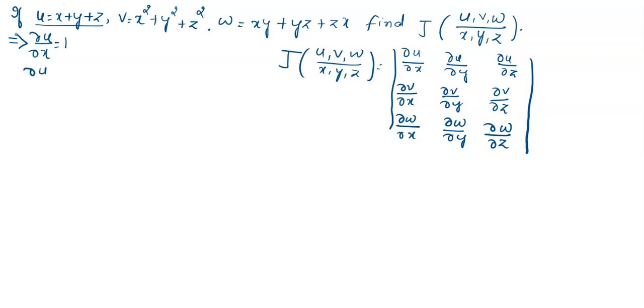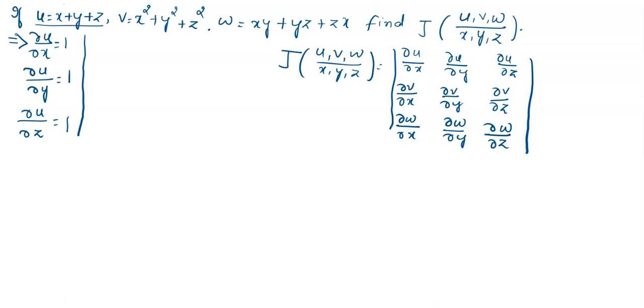Same thing, differentiate u with respect to y, partially treating x and z as constant. So the differentiation of y with respect to y is 1. The differentiation of u with respect to z, partially treating x and y as constant, the differentiation of z with respect to z is 1.